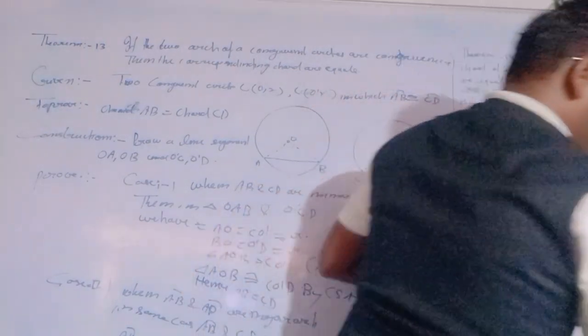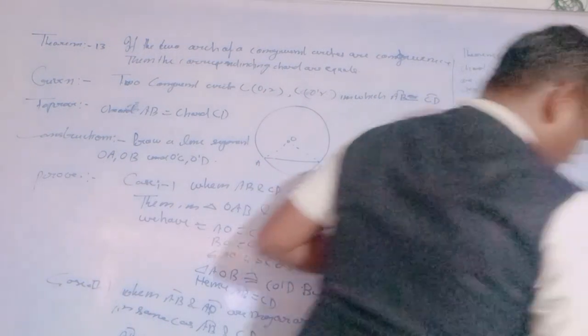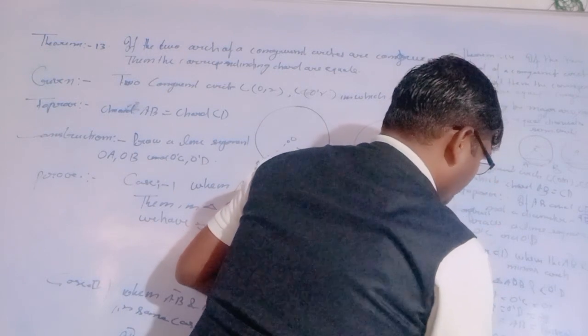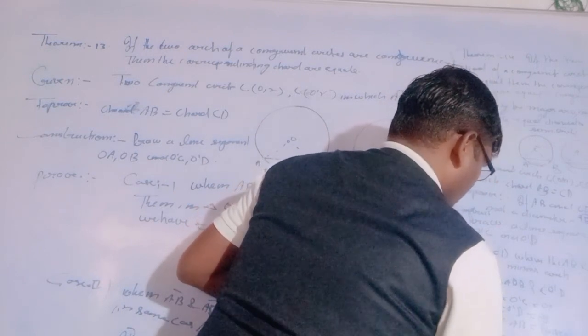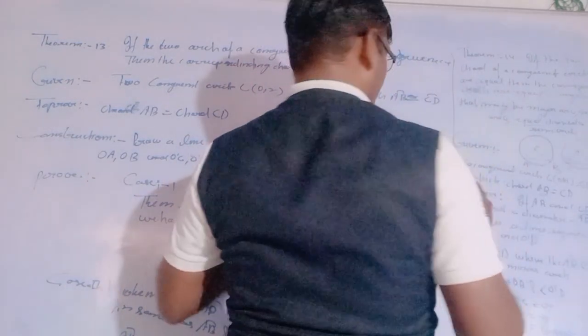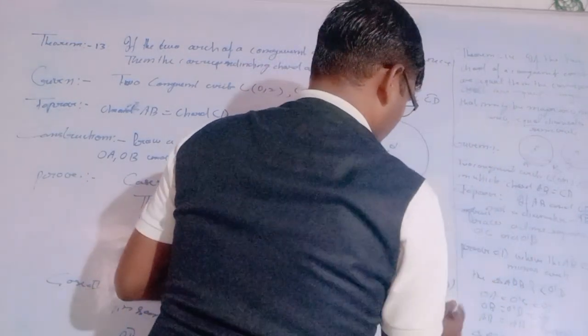So arc AB is equal to arc CD. Okay, this is the first case.